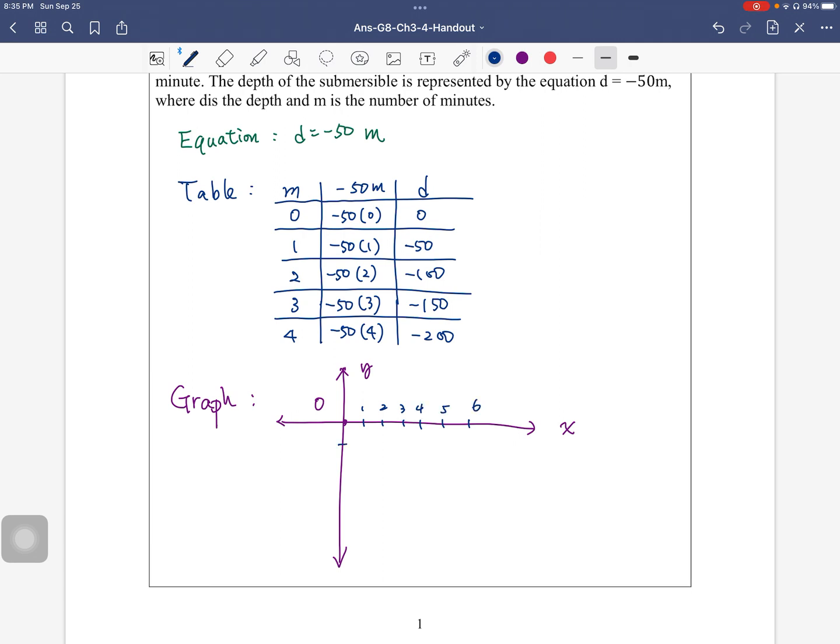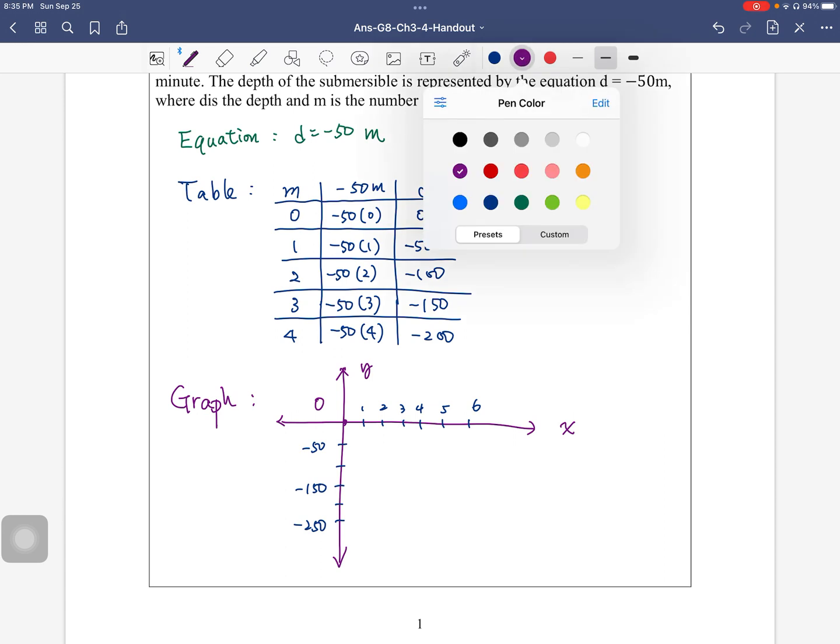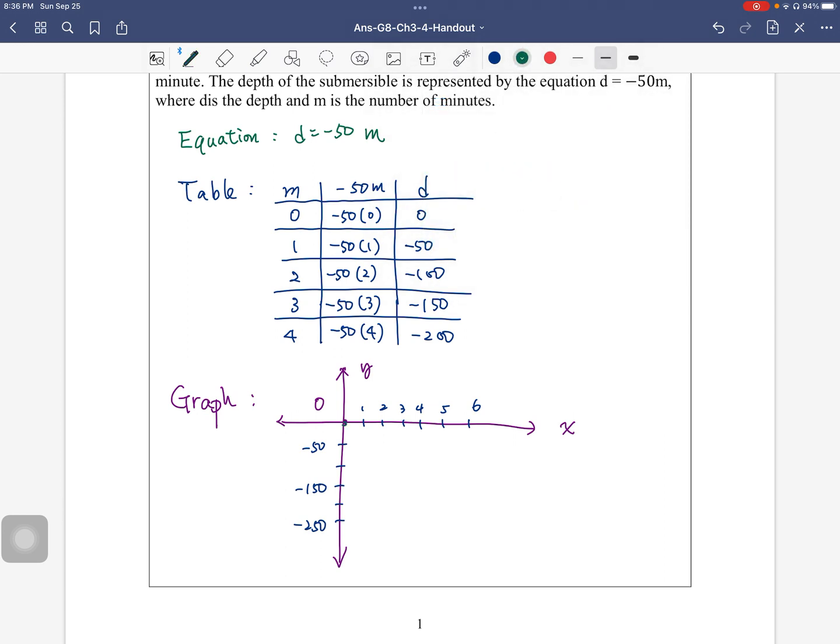And I get negative 50, negative 100, negative 150, negative 200, negative 250. So I get 0, 0; 1 is negative 50; 2 is negative 100; 3 is negative 150; 4 is negative 200; 5 is negative 250. So it looks like this.